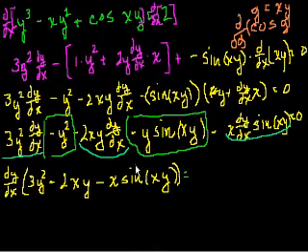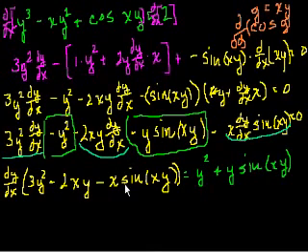I'm about to run out of space and time, so I'm just going to add these to both sides of this equation. So that equals y squared plus y sine of xy. I think I've covered all of the terms.